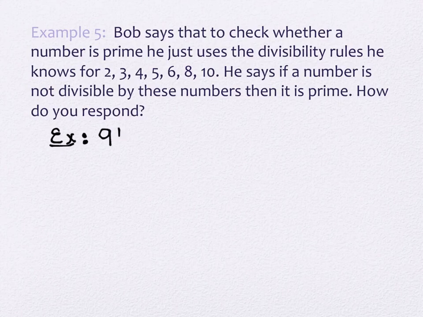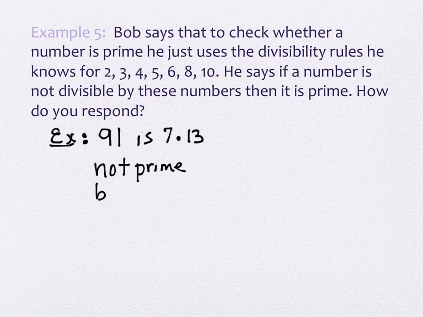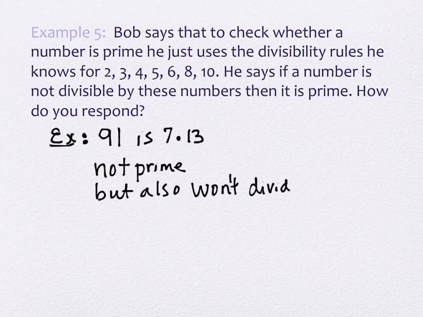Okay, so 91 is 7 times 13. And it's not prime, but it also won't divide by Bob's list.